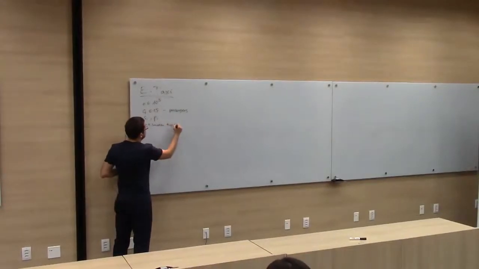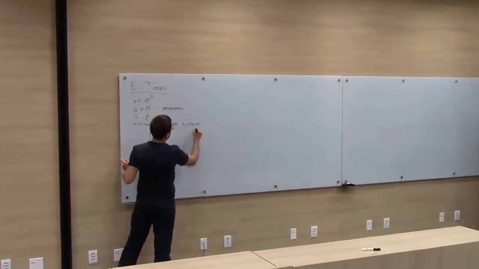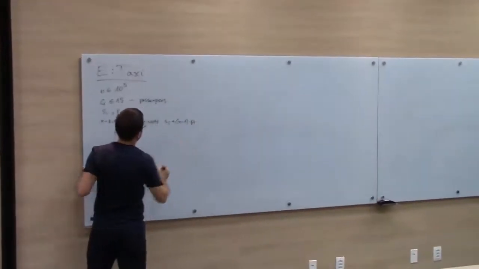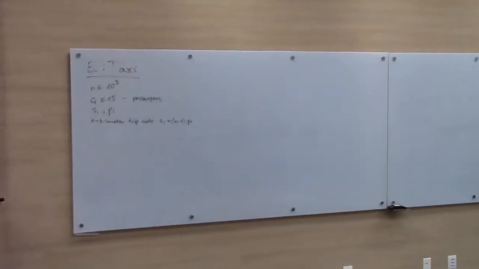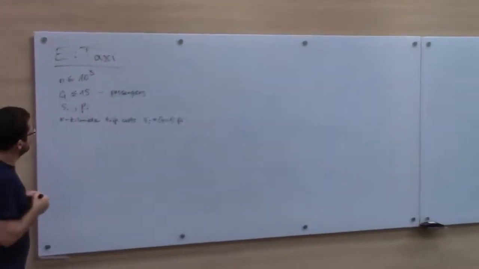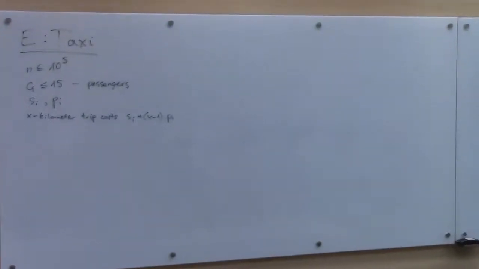So basically, an X kilometer trip costs SI plus X minus 1 times PI. This value could be quite big, and we have multiple queries, and each query is determined by two values.